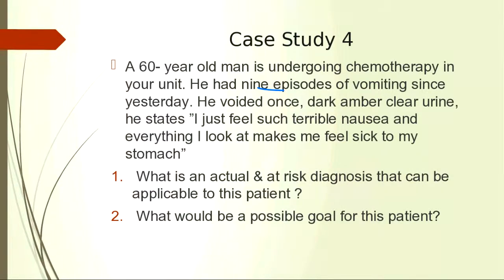Or another at risk could be at risk for deficient fluid volume related to the 9 episodes of vomiting. So he is at risk for that because he is vomiting. So my goal will be for the patient to consume at least 1,500 milliliters of fluids per day starting today. So we don't want him to be going into dehydration. So we want him to consume more fluid.